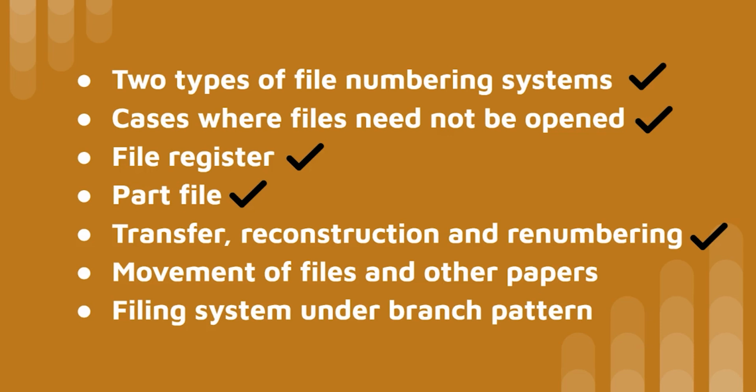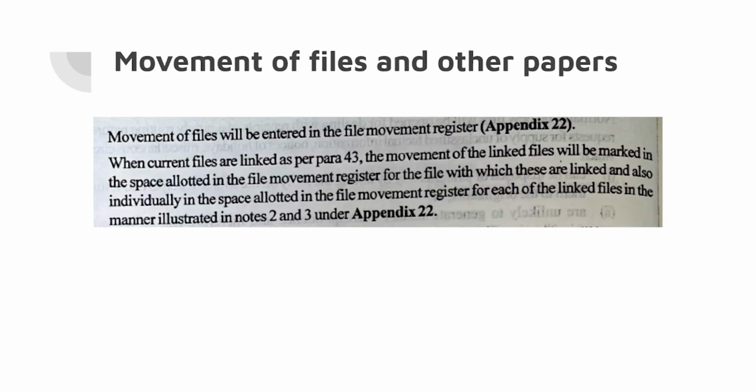We'll now look at movements of file and other papers. Movement of files will be entered in the file movement register as shown in Appendix 22 of the Manual of Office Procedures.